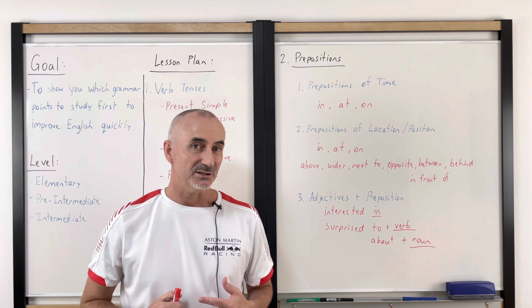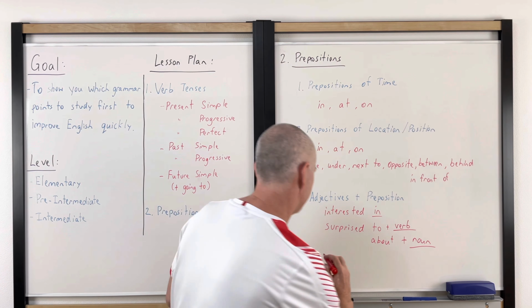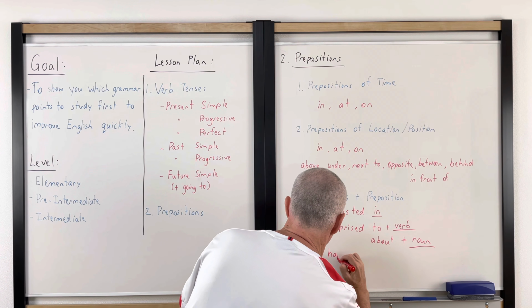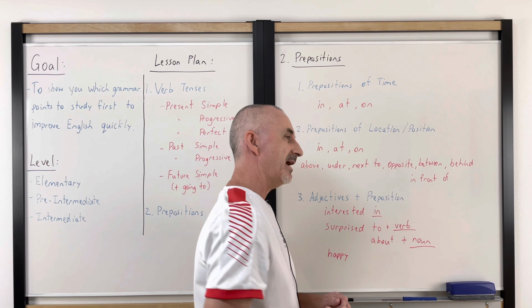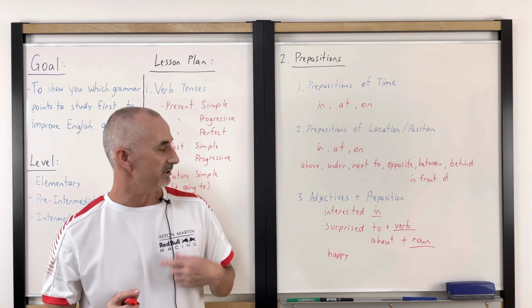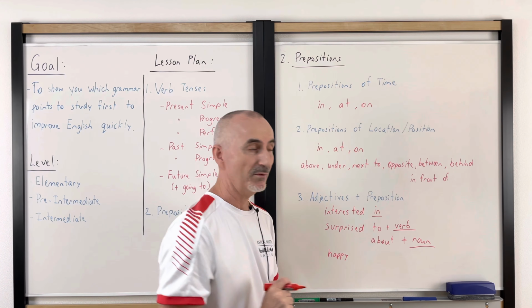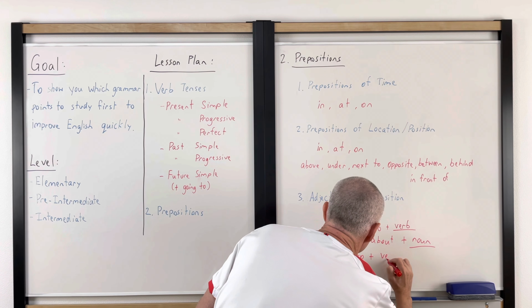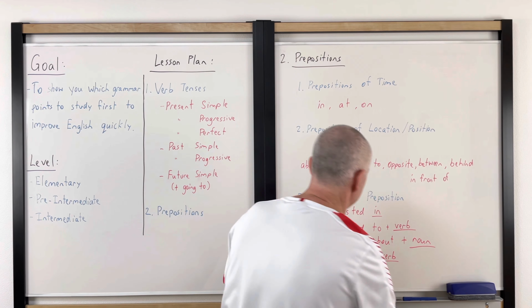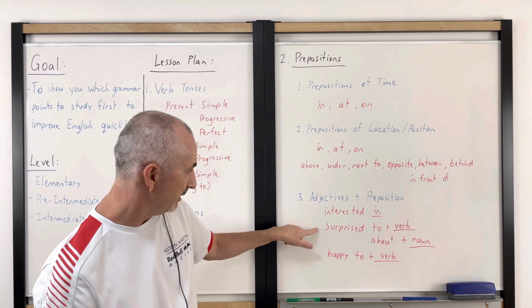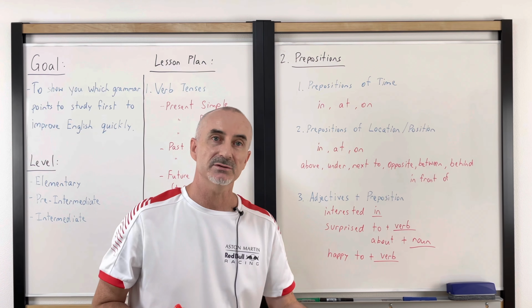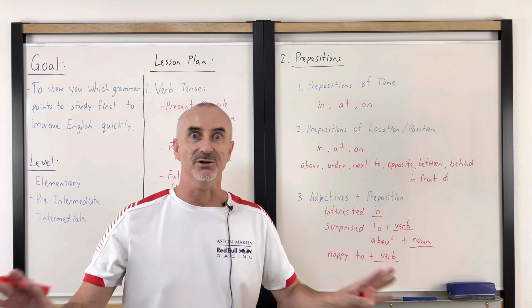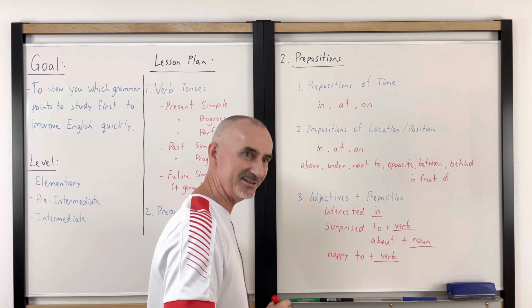Now the next adjective we're going to look at is happy. And happy is one of those adjectives which can take many prepositions. For example, happy to plus verb. So that is the same pattern as surprised to. So I'm happy to meet you. I'm happy to do that. I'm happy to go there. I'm happy to study English.